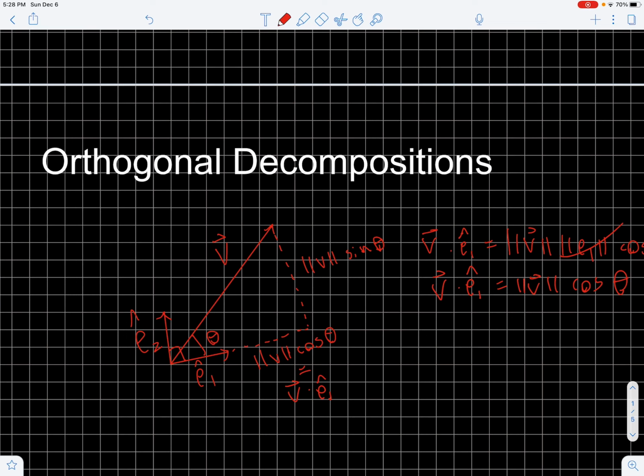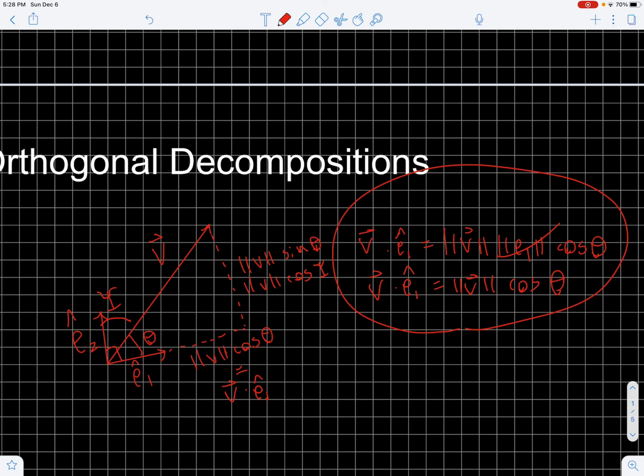Easy enough. Now, if you can imagine, if we had this angle over here, call it phi or psi, this piece right here would just be norm of v cosine of phi, and we could do all the same math here, except e2 instead of e1 and phi instead of theta, and we get that this component right here is equal to v dot e2 hat.